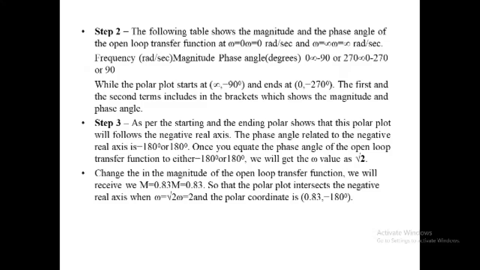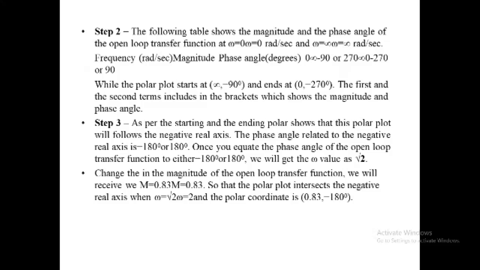The phase angle related to the negative real axis is -180 degrees or +180 degrees. Once you equate the phase angle of the open loop transfer function to -180 degrees or +180 degrees, we get the value of ω as root 2.